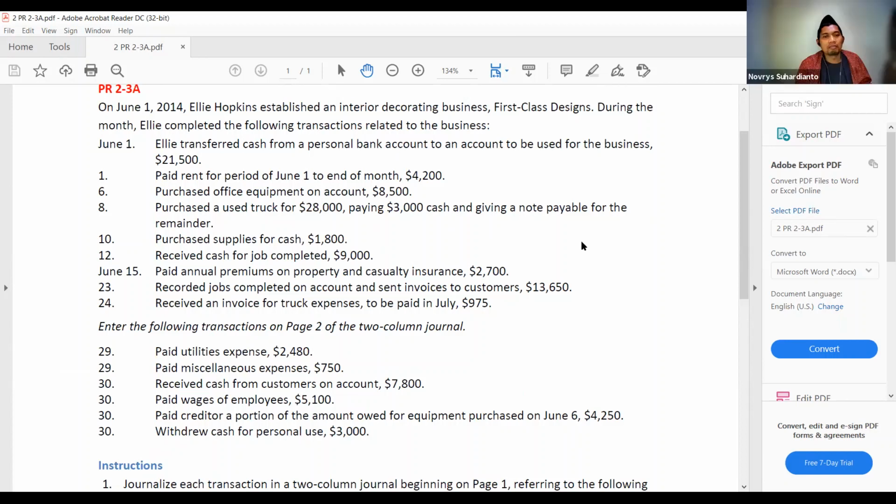Why do we need adjustment for the supplies and insurance premium? Okay.